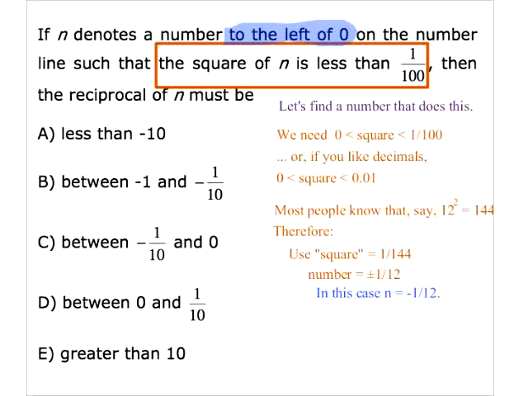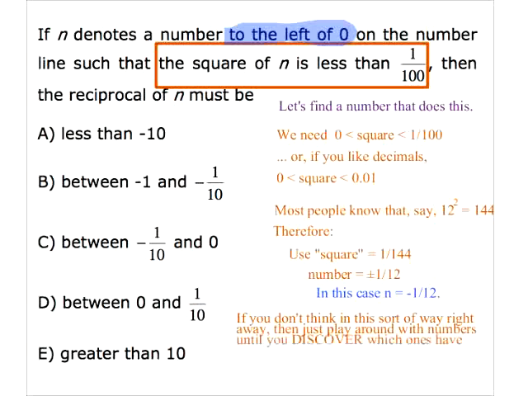And if you don't think in this sort of way right away, then what you should do is just play around with numbers until you discover which ones have squares in this range.